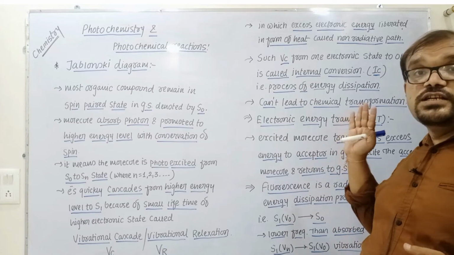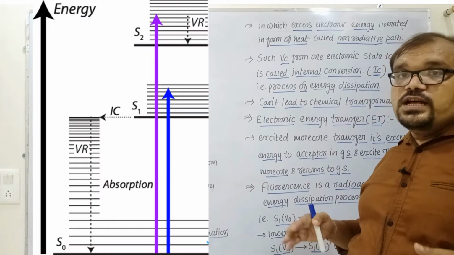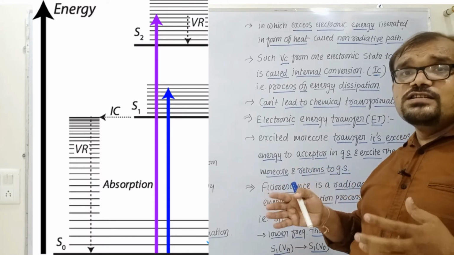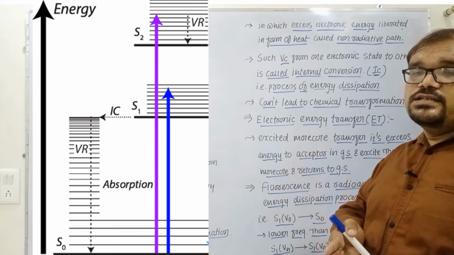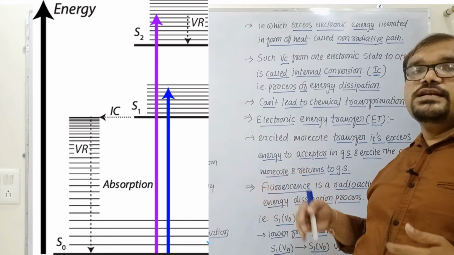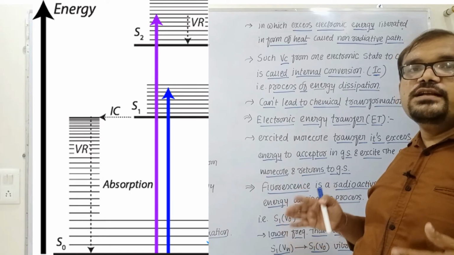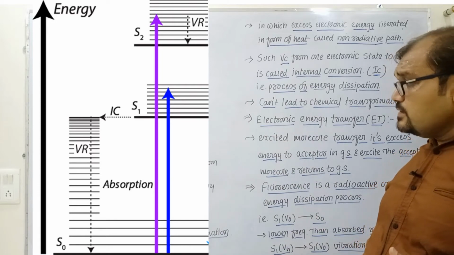conversion, which is denoted by IC, as we can see on the board. When vibrational relaxation, as we discussed, from one state to another state is carried out, then such a process is known as internal conversion, as we can see on the board, right.